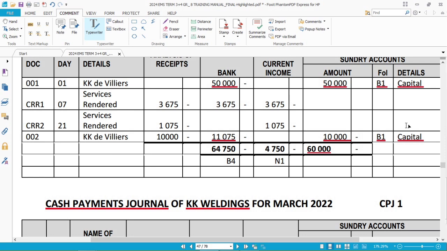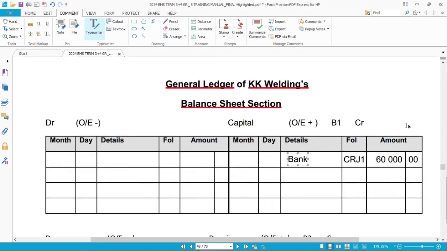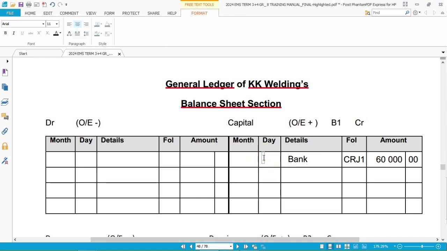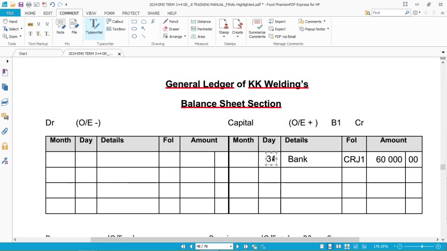All right. The other way, if you're a little bit advanced and you understand accounting, is that for every debit entry, there's a credit entry. So this bank will actually be debited because my capital will be credited at a later stage. I'll help you understand that. Alright, so my month end for March is the 31st of March. I'm gonna write that down here.